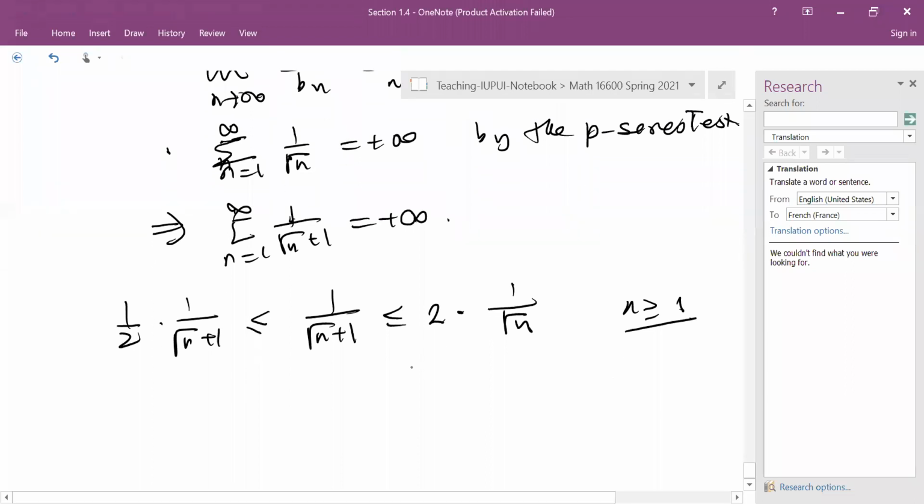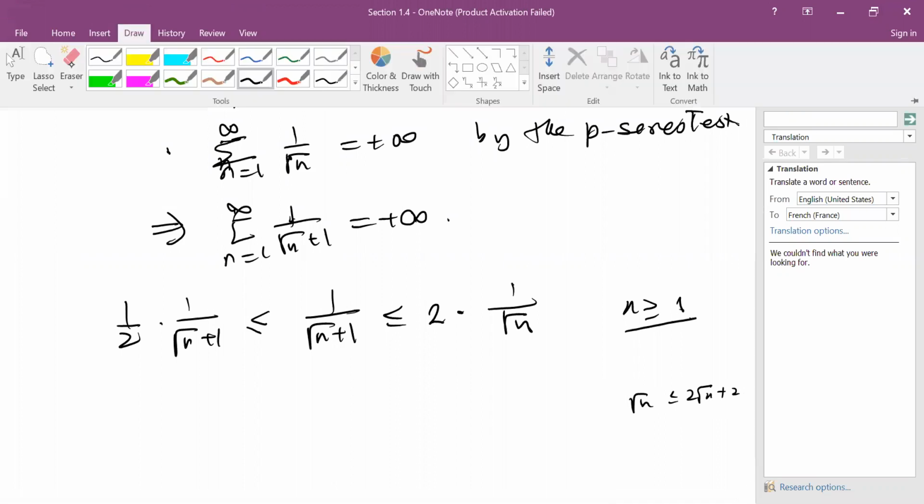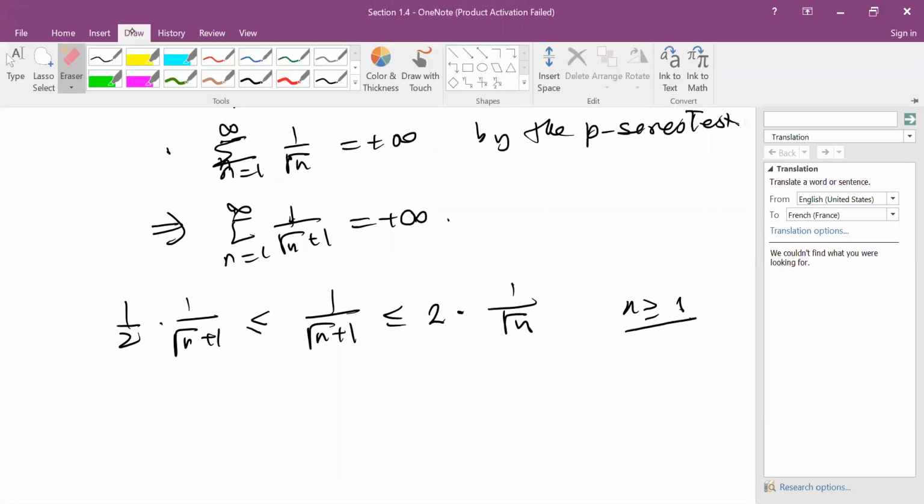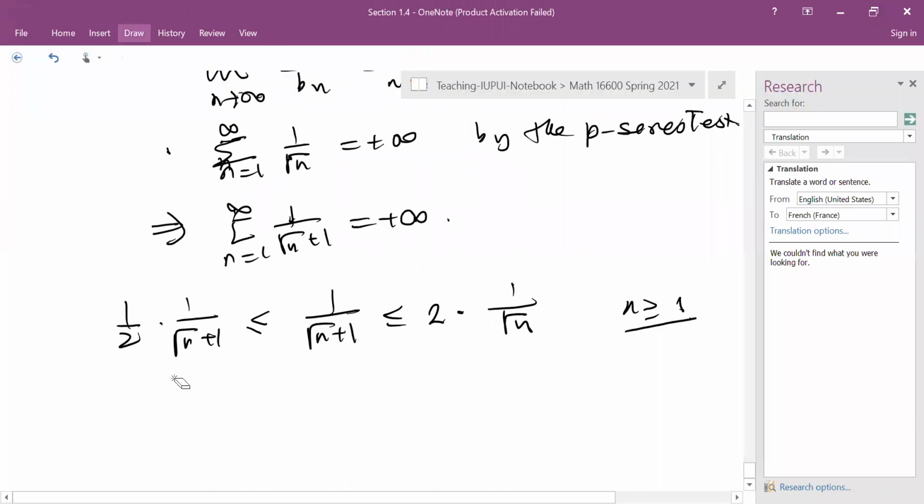Let me check the right-hand side: square root of n less than 2 square root of n plus 2. Well, this is automatically satisfied. The non-trivial part is on this side. We already showed that this is true, right?